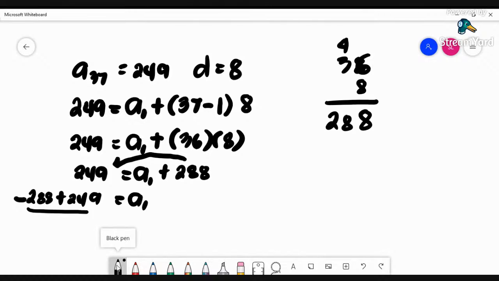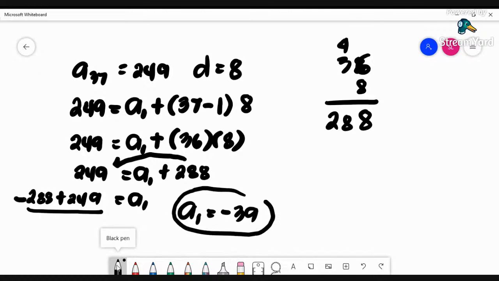If we solve negative 288 plus 249, the answer will be negative 39. So our A sub 1 is equal to negative 39, and our common difference is 8. We are looking for the third term, so A sub 3 equals negative 39 plus 3 minus 1 multiplied by 8.